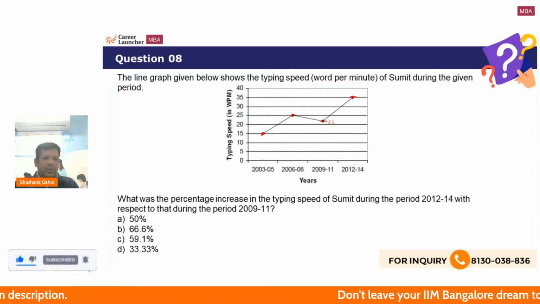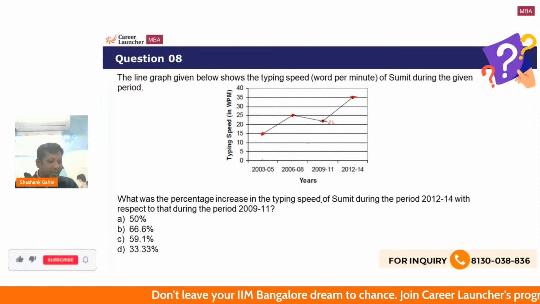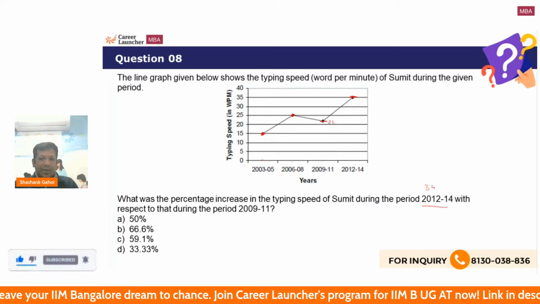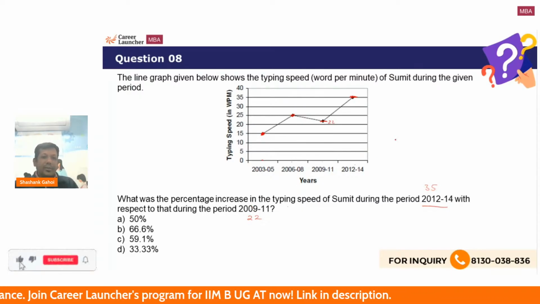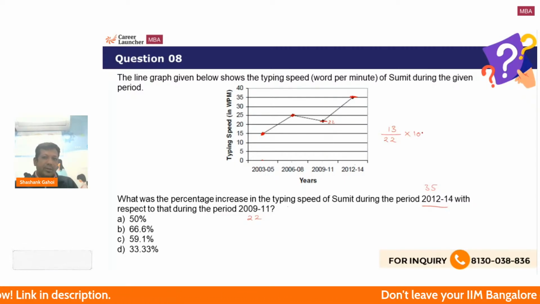Now the question is talking about by what percent Sumit's typing speed increased during 2012 to 14. So that is 35. 9 to 11, that is 22. So what is the increment? That is 13. By what percent? 22% into 100.